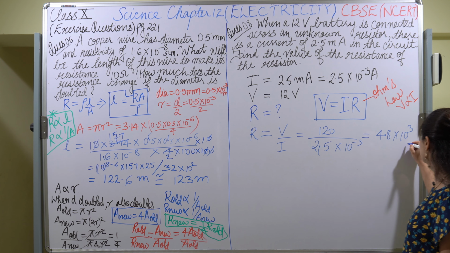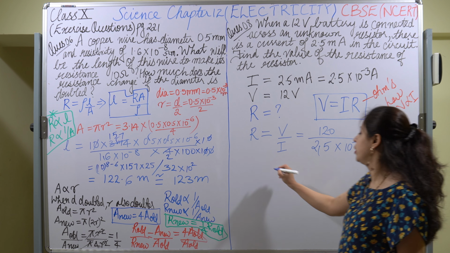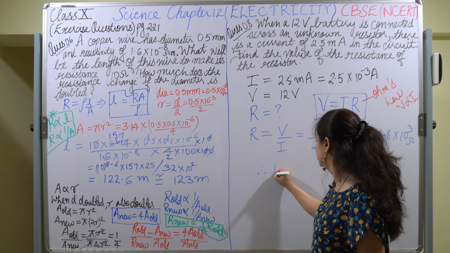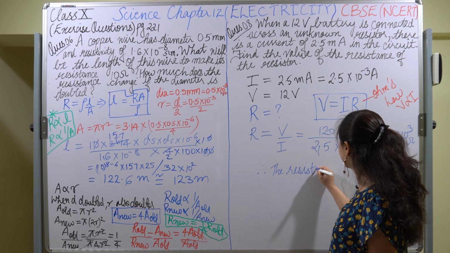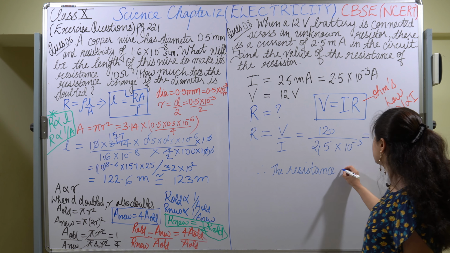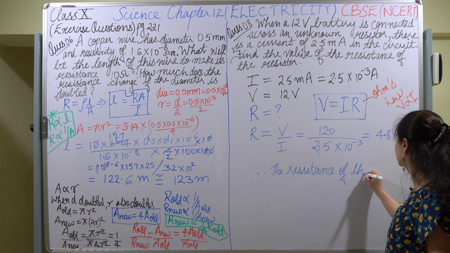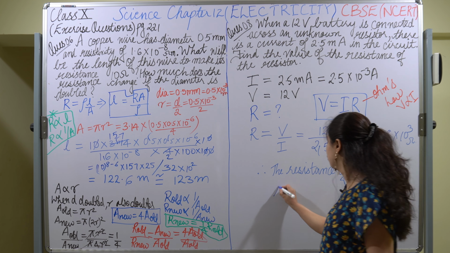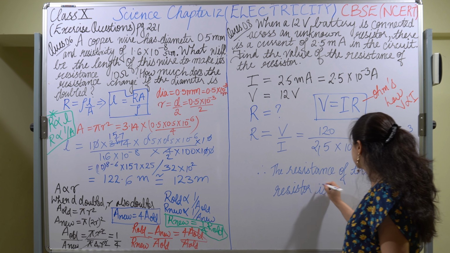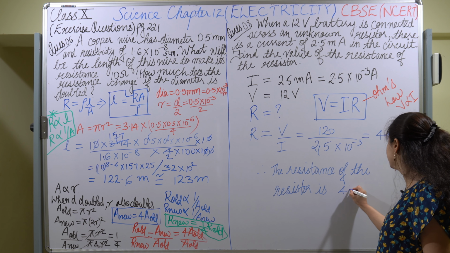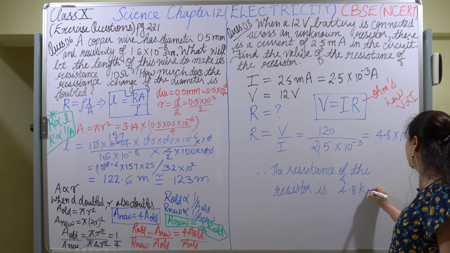This is in ohms. So we can also write, therefore, the resistance of the resistor is 4.8 kilo ohms.